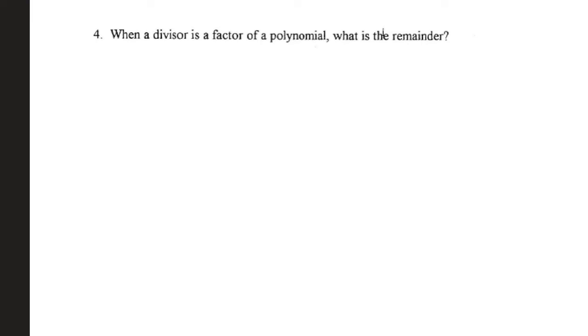To hit up that question again, when a divisor is a factor of a polynomial, what is the remainder? Hopefully we got a nice big 0 on there. Let's keep that idea at the forefront of everything we're doing. Okay, let's jump in now and prove this as a theorem to make sure that we can use it.